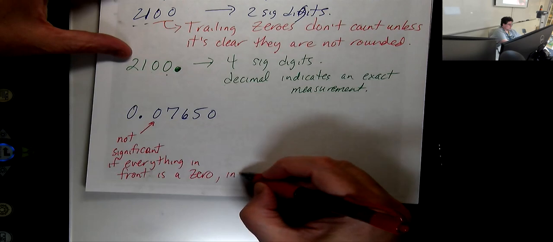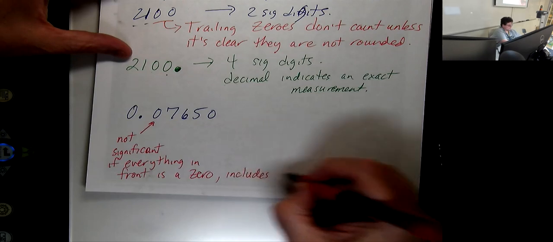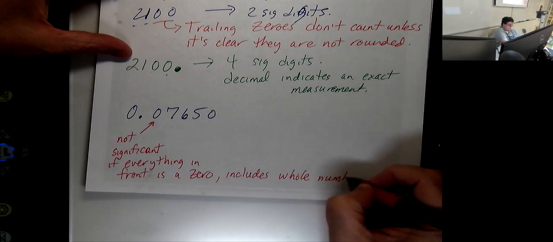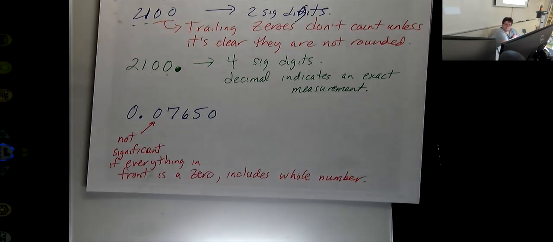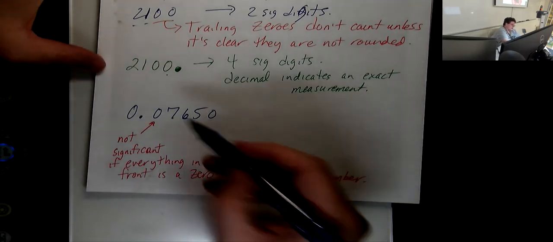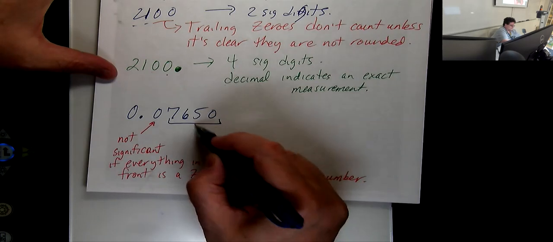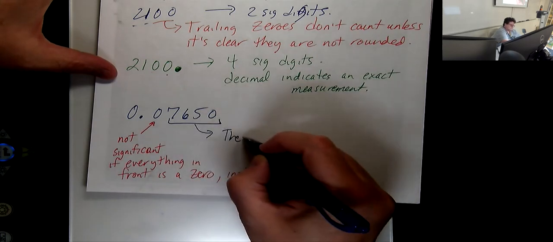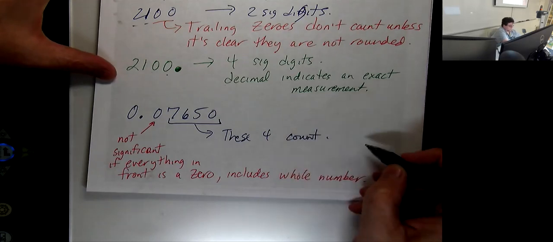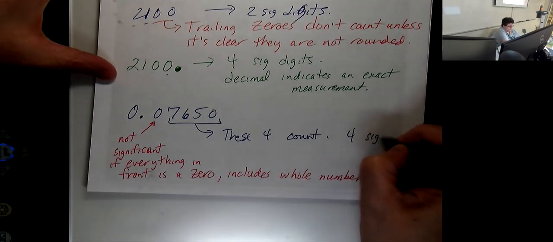And that includes the whole number part. I'll show an example within a second that has something different from the number. So that one does not count. These 4 count. Four significant digits.